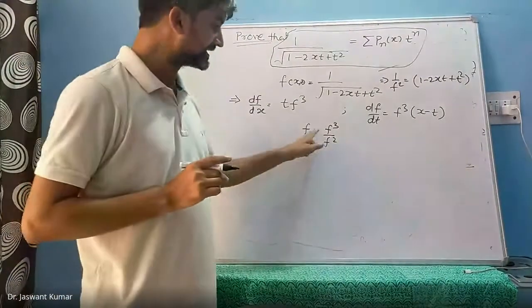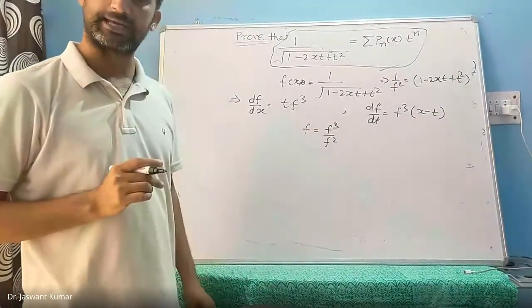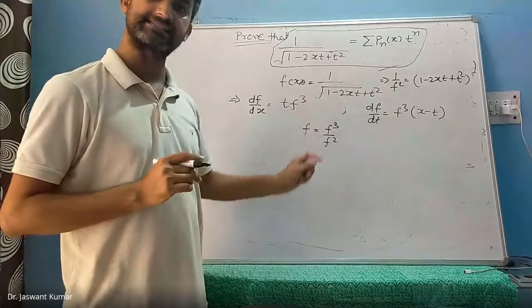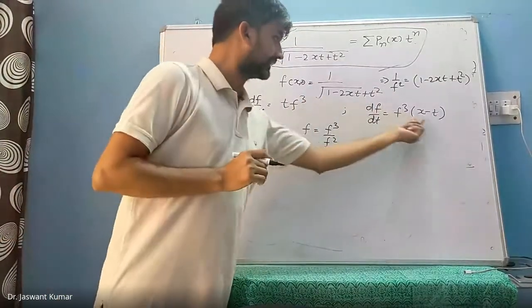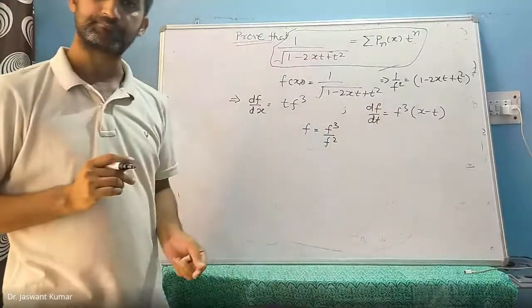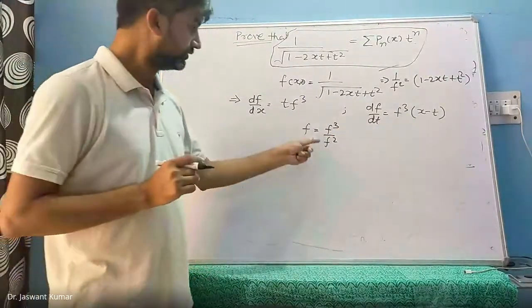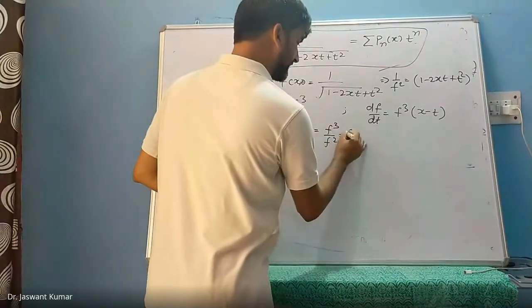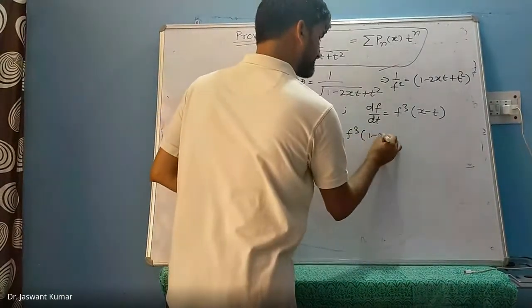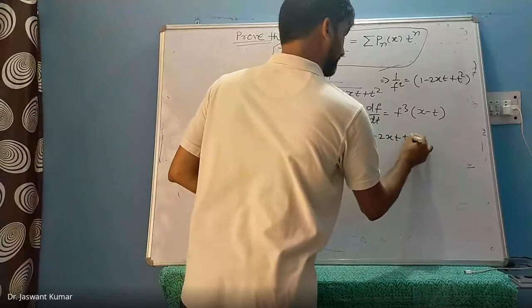So f has been written as f cube by f square, where f square cancels the cube and gives you f. The f cube was coming over here multiple times. So we have written this as f square, and this can be written as f cube times 1 minus 2xt plus t square.